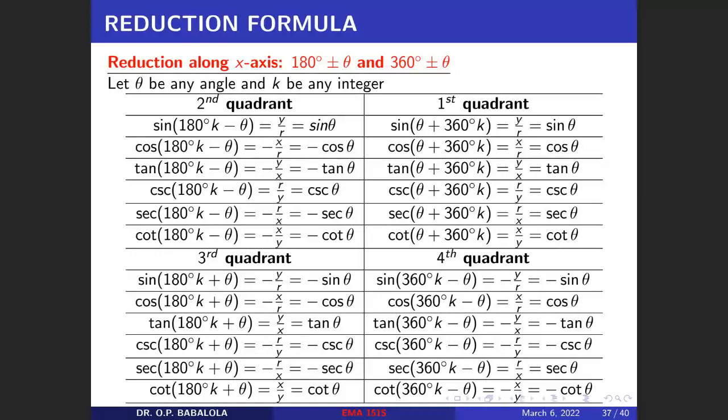Fourth quadrant. And what are we trying to solve? Cosine, right? Sorry, tan. We are solving for tan. So it is tan. Let's look at it here. This is what we'll be doing.